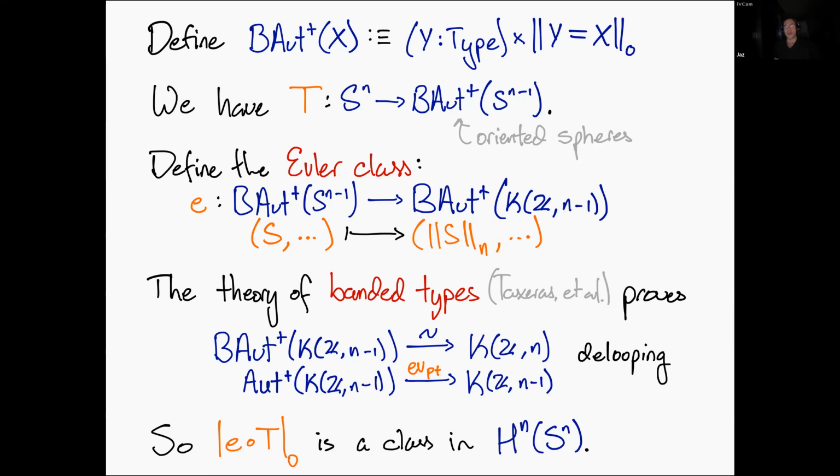So in particular, when you take the Euler class, it lands in integral cohomology. So it is the function that pushes forward an oriented sphere bundle to a class in integral cohomology.